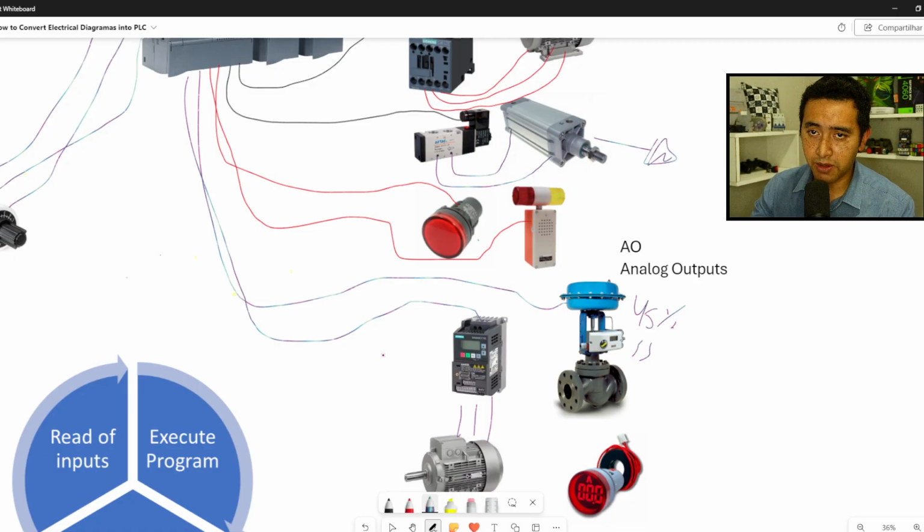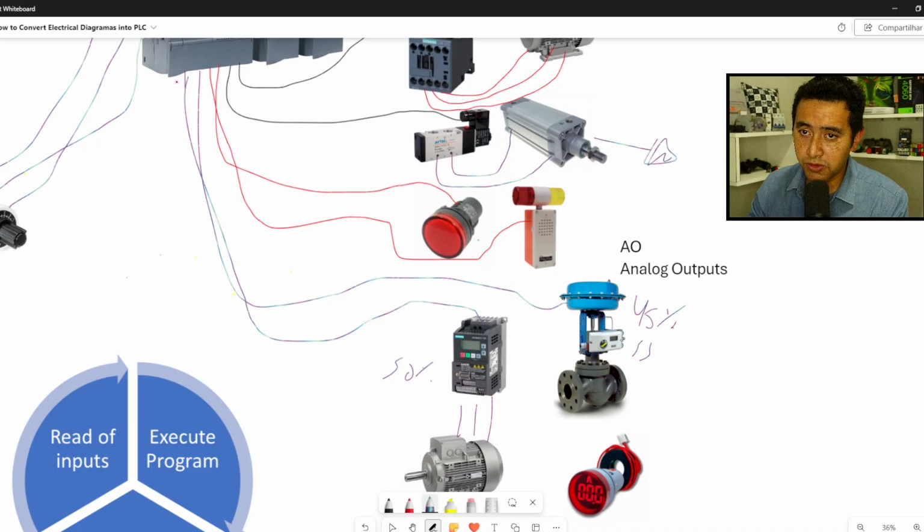Then I forgot to talk about the signals. It can be a signal of 0 to 10 volts or 4 to 20 milliamperes. These are the signals that we work with in the industry. Then by wiring an analog output to my VFD, it's possible to control the speed of my motor. The same way with the control valve, with 50% and 65% or 100% and so on.